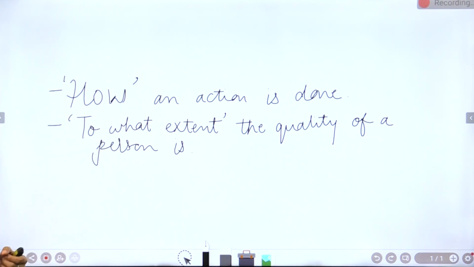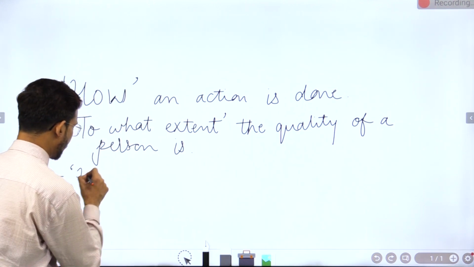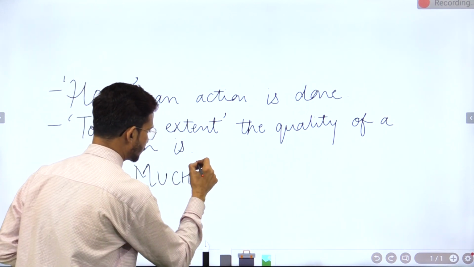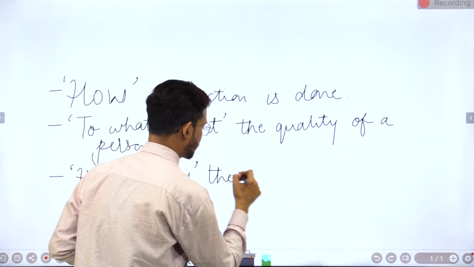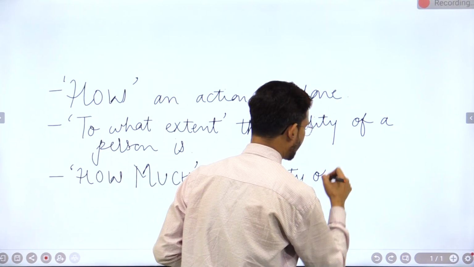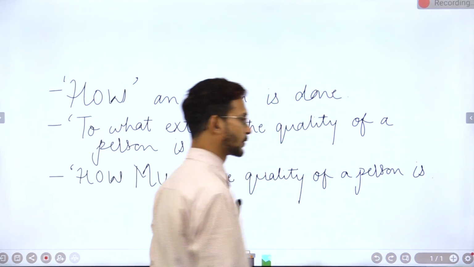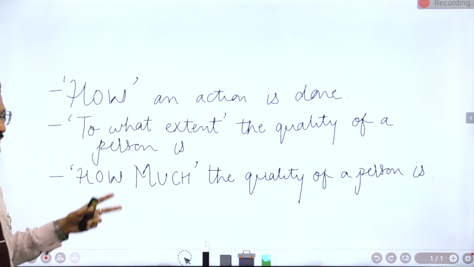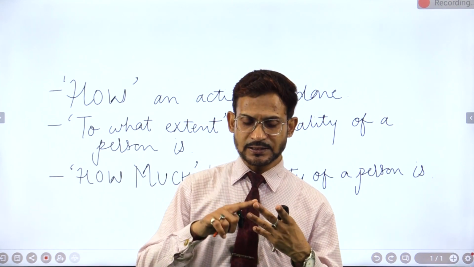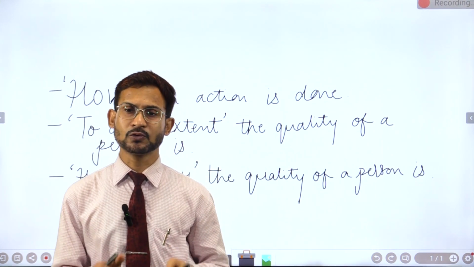And the third thing which is defined by an adverb is how much the quality of a person is. Right. So that means out of this we can conclude that an adverb tells us the manner, degree, frequency, etc. about an action or about any quality.